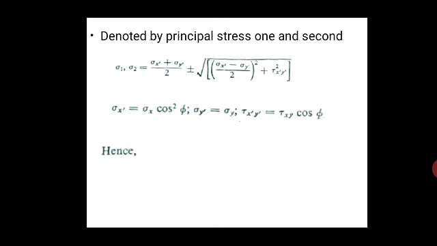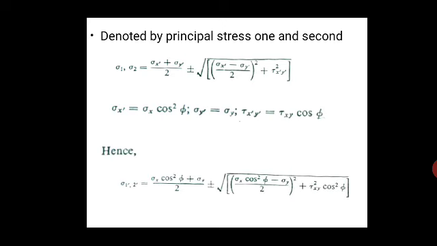Hence, the principal stress equation, sigma 1 and sigma 2, can be written as sigma x cos square phi plus sigma y by 2 plus or minus root of (sigma x cos square phi minus sigma y by 2) whole square plus tau xy square into cos square phi.